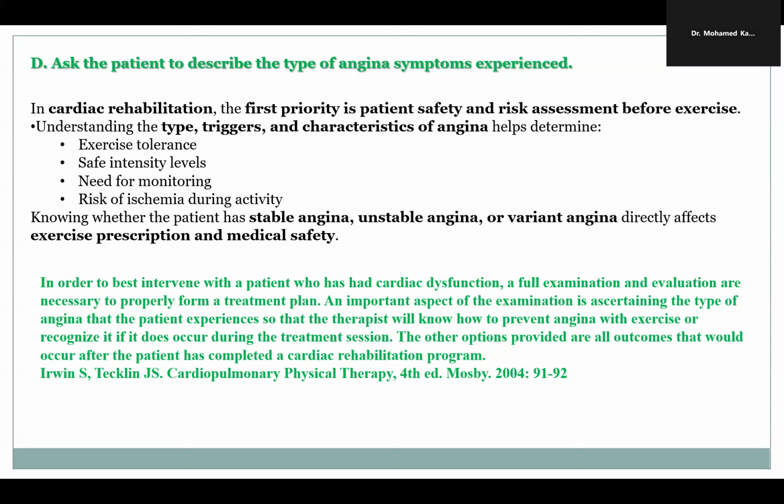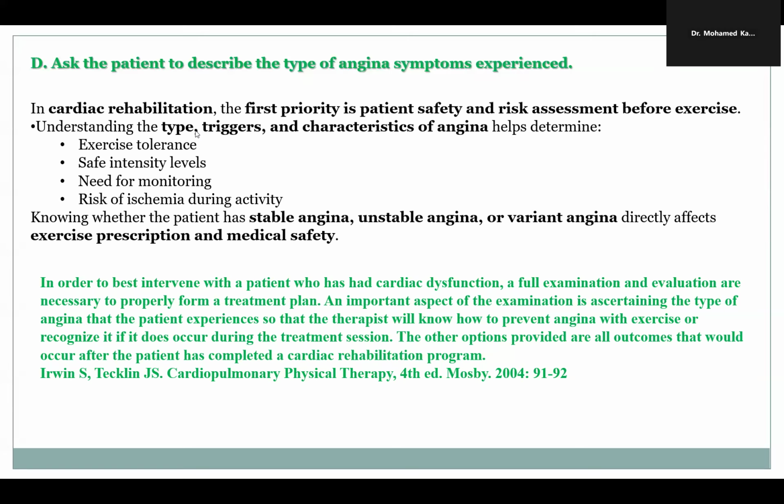Can this angina be relieved by rest, by taking nitroglycerin, or will the pain not be relieved anyway? So in cardiac rehab, the first priority is patient safety and risk assessment before exercise. 100%. We always aim for patient safety and risk assessment, and it is more important in cardiac rehabilitation.